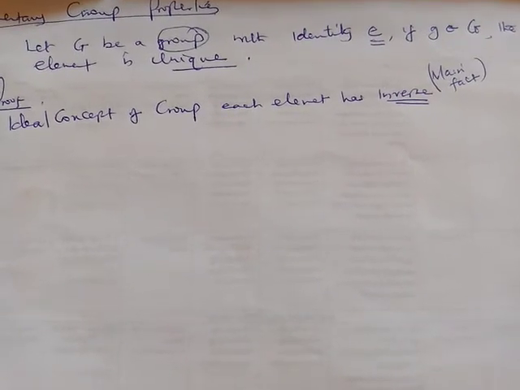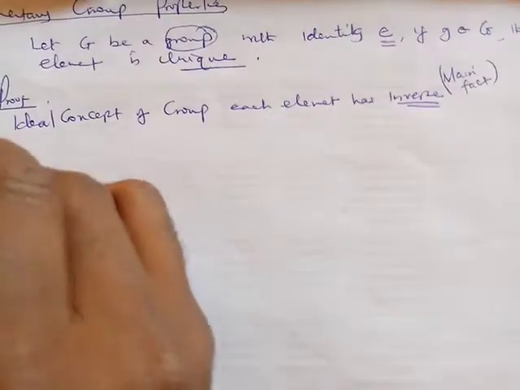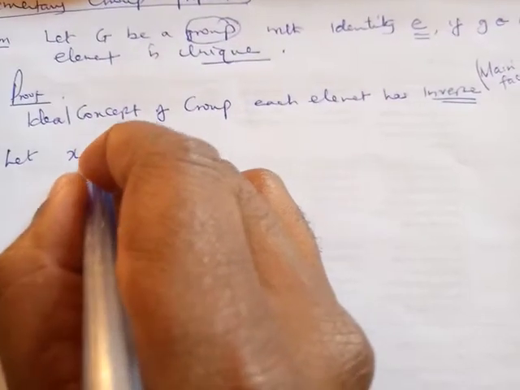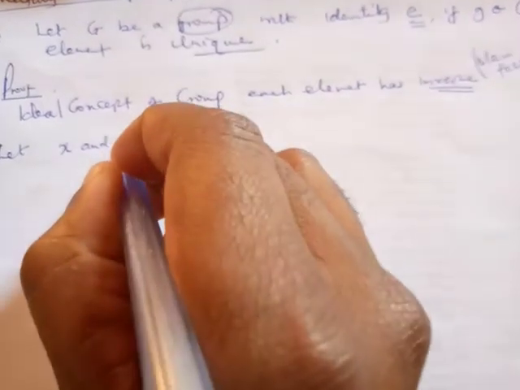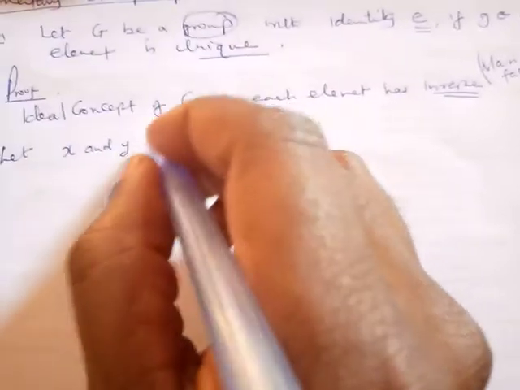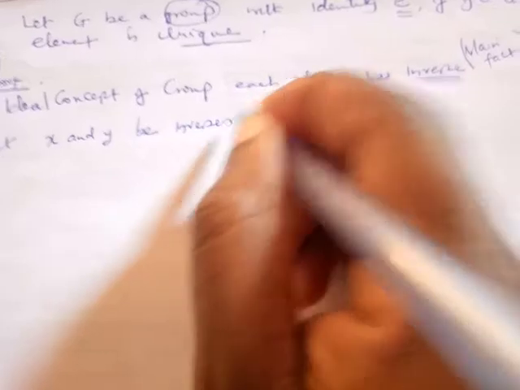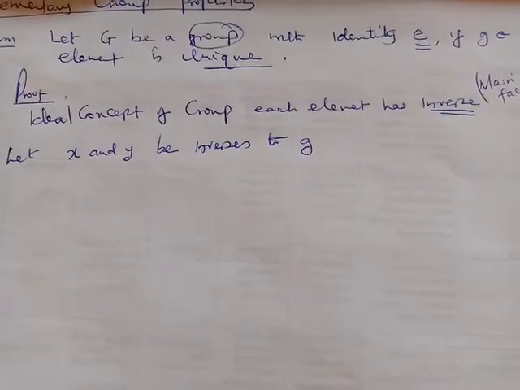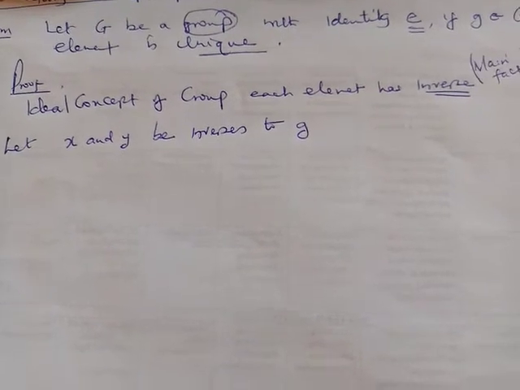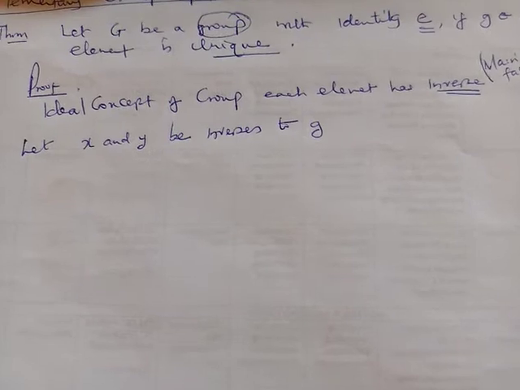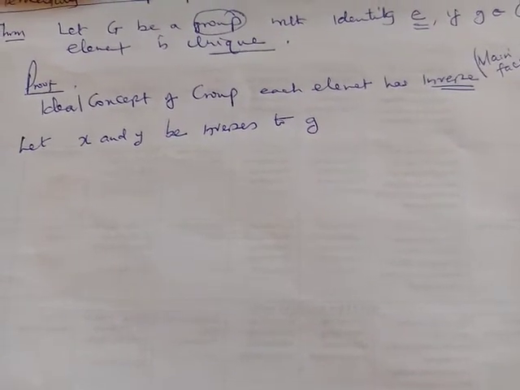So we can let a given element X and Y be inverses to this element G. Because by definition of a group, the inverse of these elements must exist.